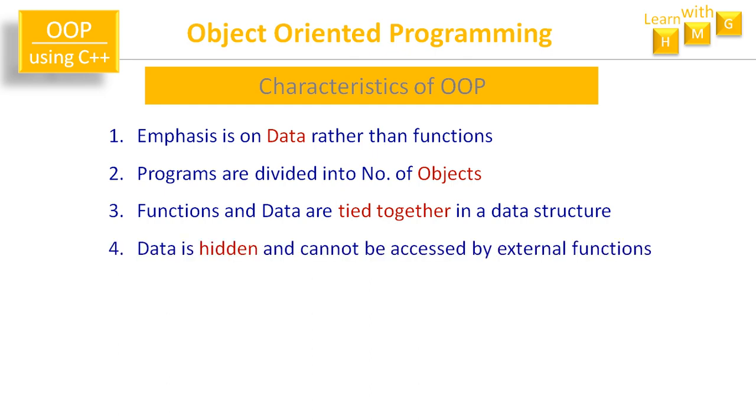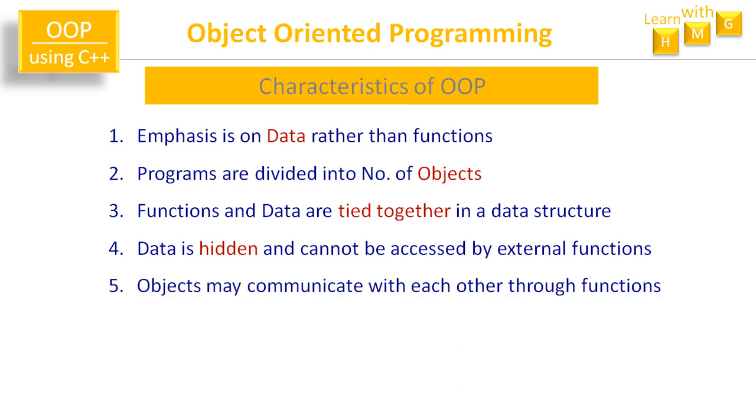Due to this, the data is hidden and is not accessible to the external functions. External function means the function outside the object. The objects may communicate with each other through functions. So it is possible to communicate from one object to another object, and through functions it is possible.